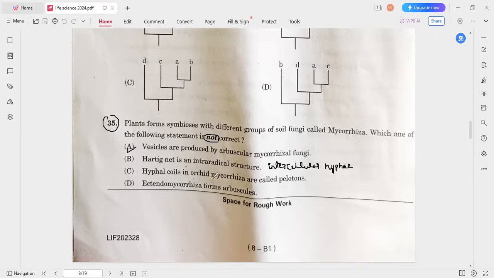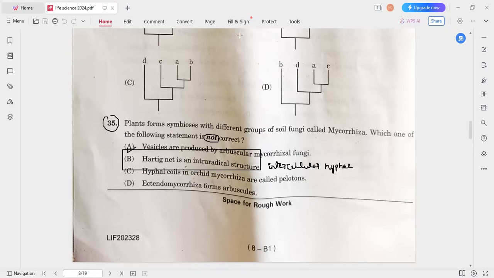Hyphal coils in orchid mycorrhiza are called pelotons, correct. Actinorhiza forms arbuscules, correct. So here option B is not correct. That is not an intraradical structure. That is an intercellular hyphae structure, that is what Hartig net is. So option B is the correct answer for question number 35.